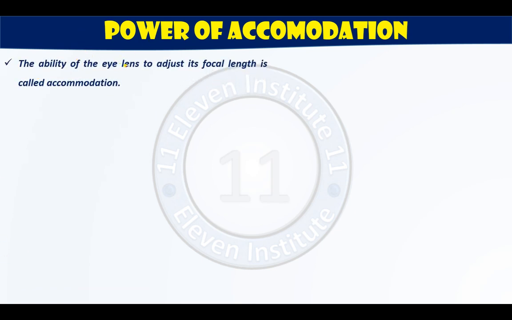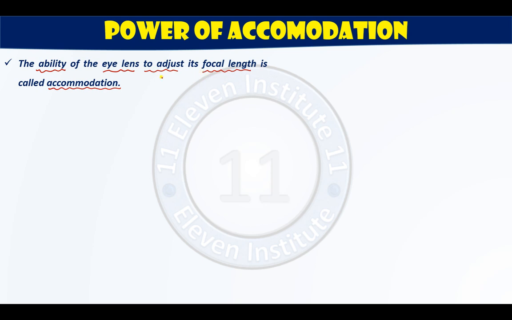The ability of the eye lens to adjust its focal length is called accommodation.